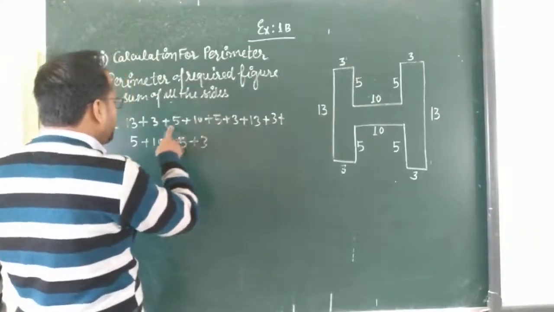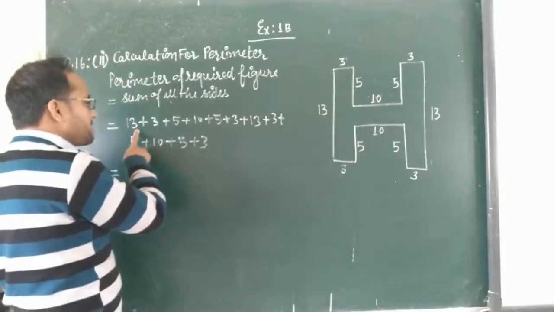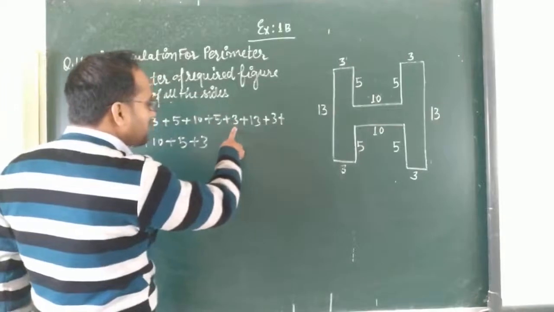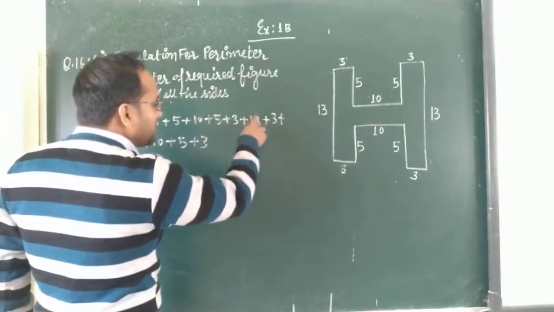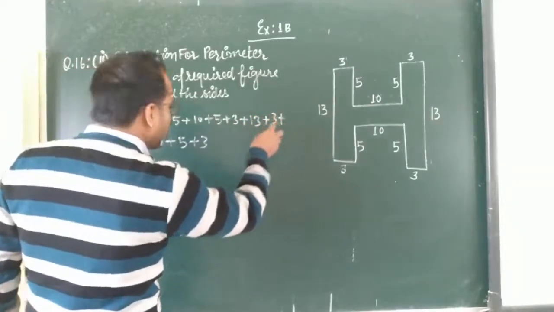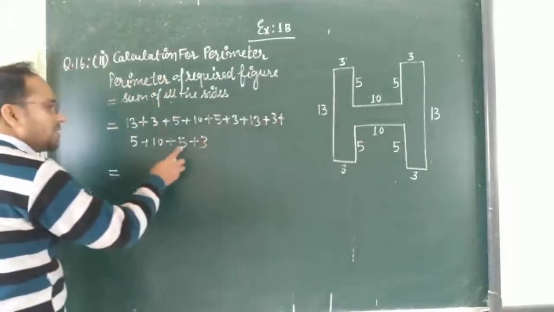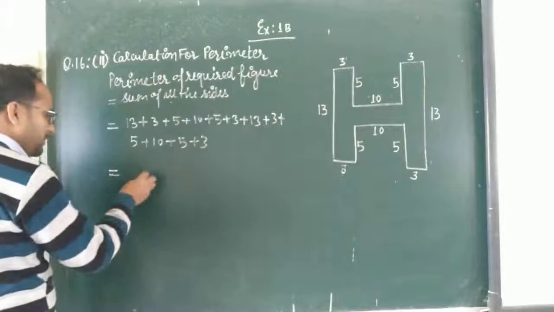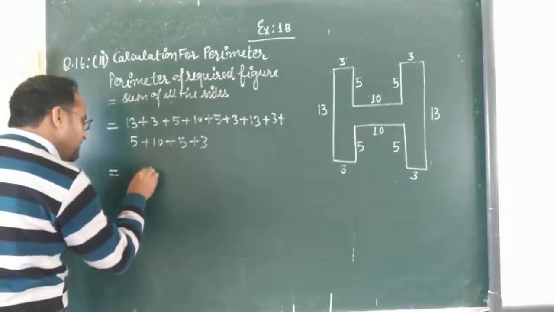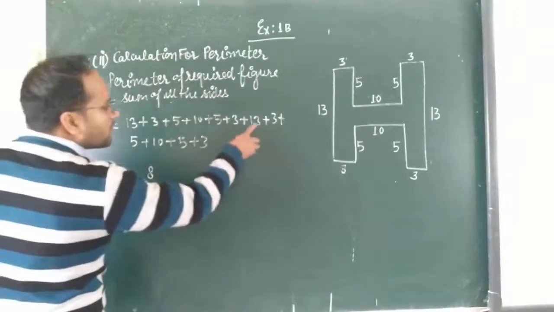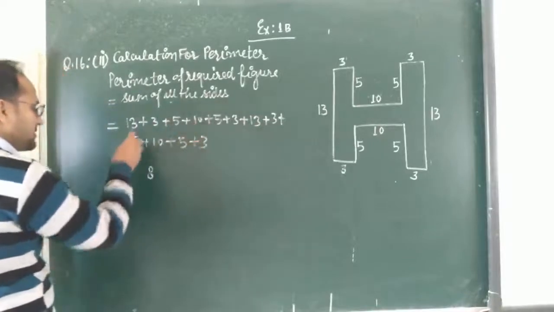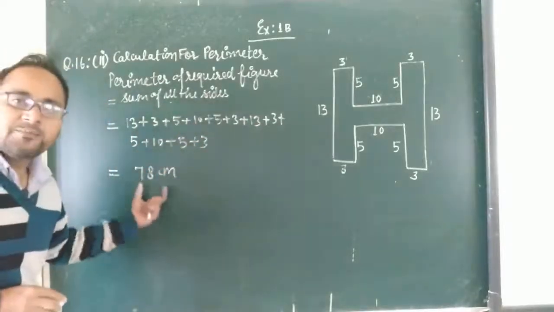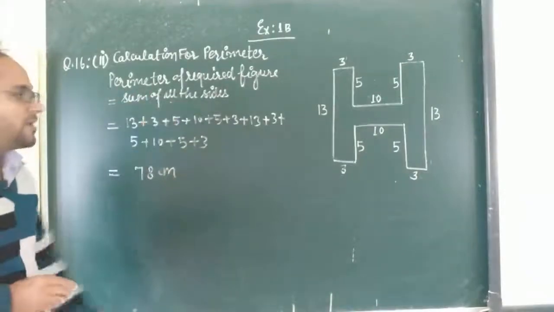Here 5, 5, 10 plus 3 is 13, 13 plus 3 is 16, 16 plus 13 is 28, plus 5 is 33, plus 5 is 38. So you will get 78 centimeters as the perimeter of this figure.